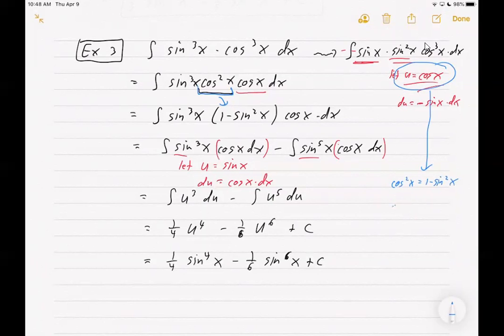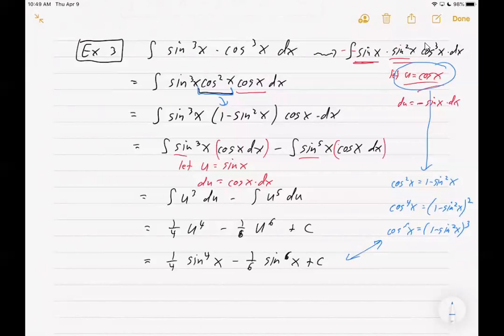And that would mean if you had a cosine to the 4th of x, it would be 1 minus sine squared of x, squared. Cosine to the 6th of x would be 1 minus sine squared of x, cubed. If you rewrote it all in terms of sines and then condensed your constants down and compared your answers, you would see that the two answers do match.